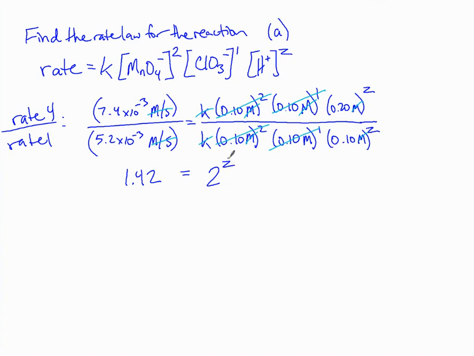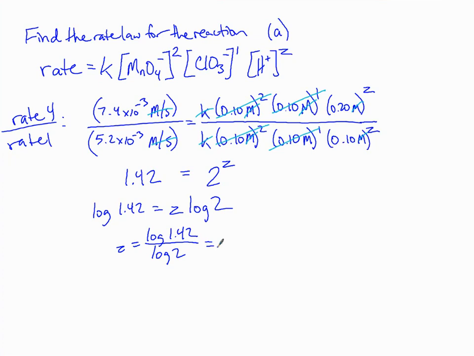So in order to solve for this exponent, that is the variable that's in the exponent, we need to take the log. So the log of 1.42 equals Z times the log of 2. Z equals log of 1.42 divided by the log of 2.